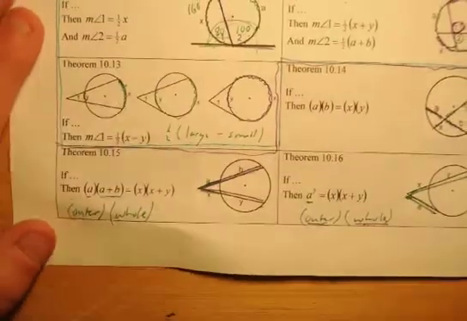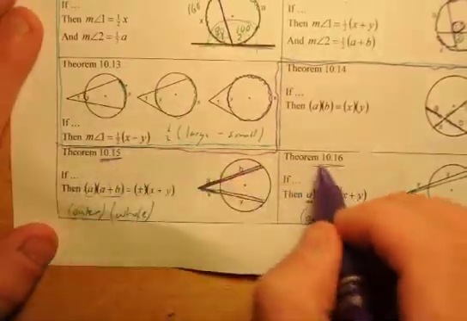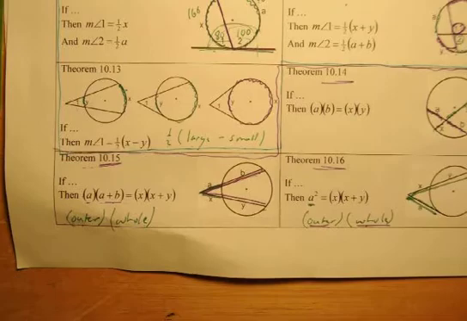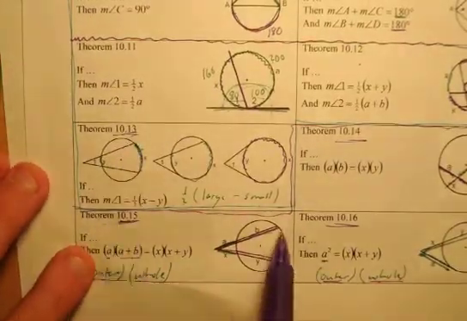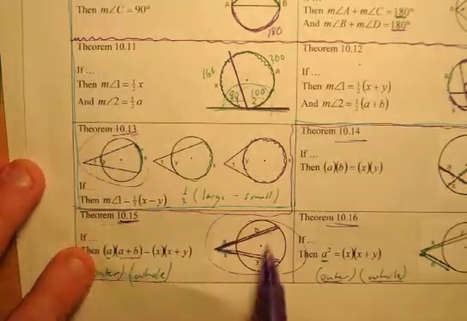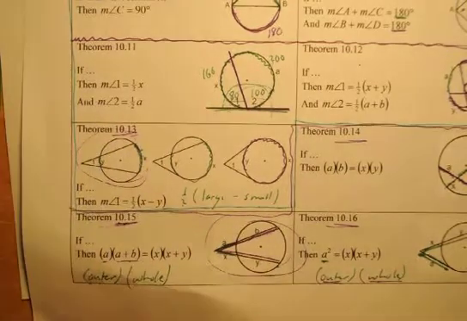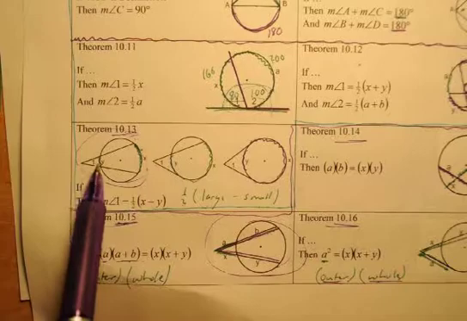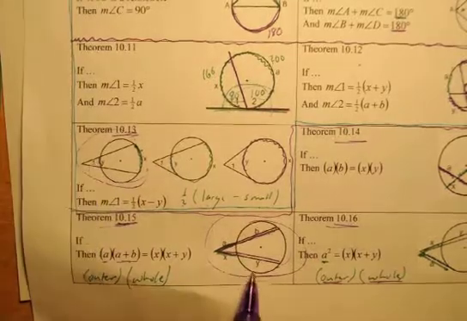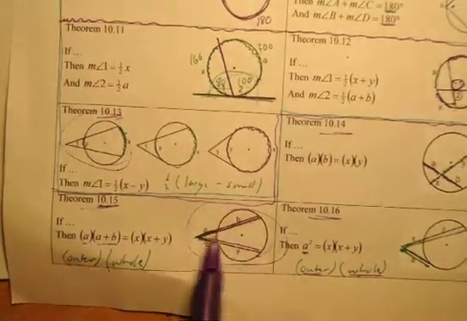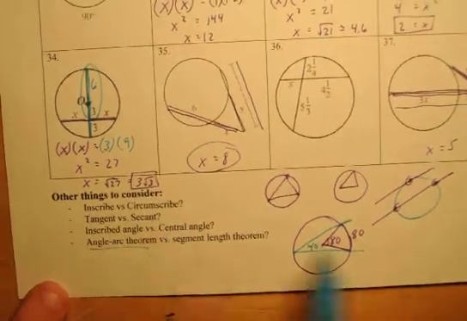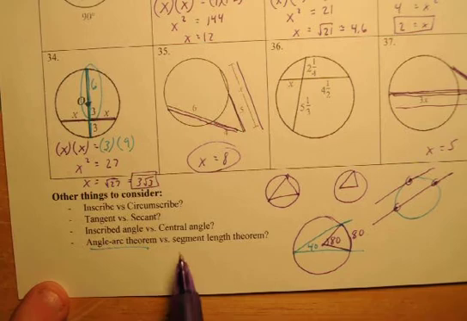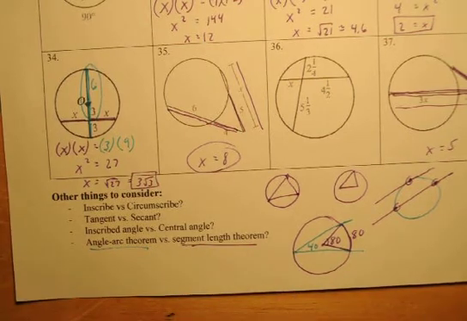And then these last three are dealing with segment lengths. So what's the difference between 10.13 and 10.15? Because they look like the same picture. This picture looks like this picture. The difference is this theorem is about the arcs and the angles, and this theorem is about the lengths of these segments. So make sure you understand arc-angle theorems versus segment length theorems. Alright, that's all I need to say about that.